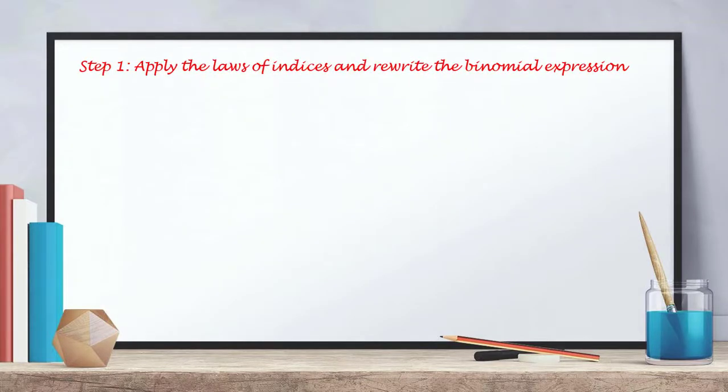Step number 1, we are going to apply the laws of indices to rewrite the fraction. Remember, the binomial expression is on the denominator, and we want to apply laws of indices so that we can write the binomial expression as a numerator.